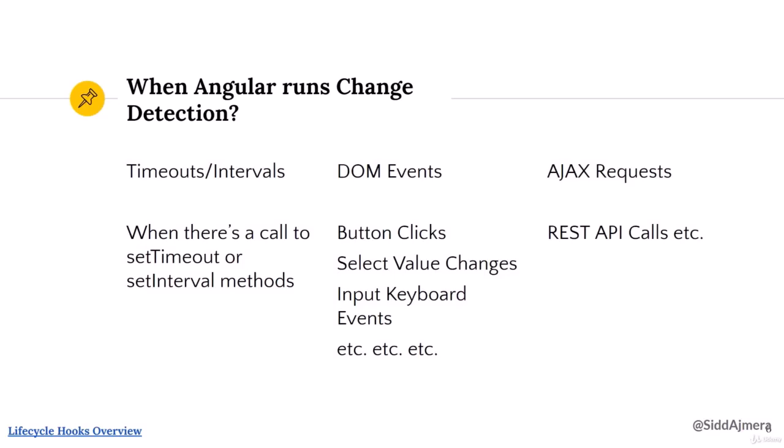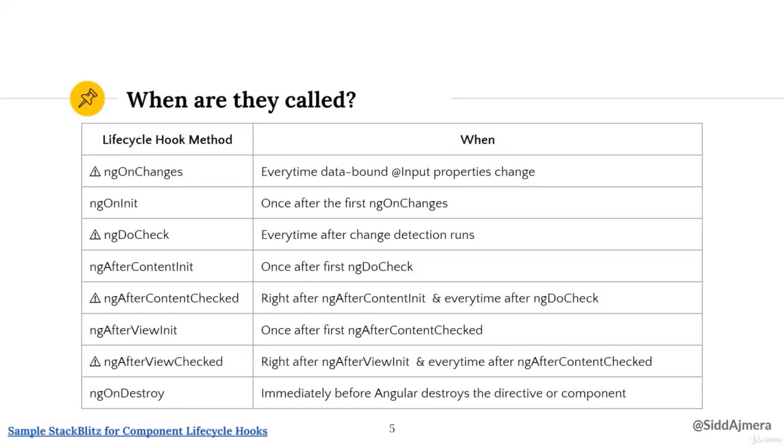And then finally, in case of AJAX requests, like, for example, if you're making an API call to some REST API, then that would also trigger change detection. Angular performs change detection in these three cases, and every time Angular performs change detection, ngDoCheck gets called.